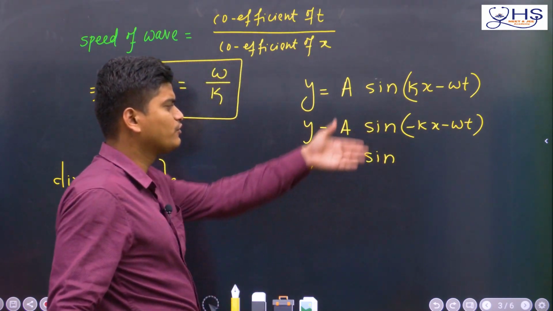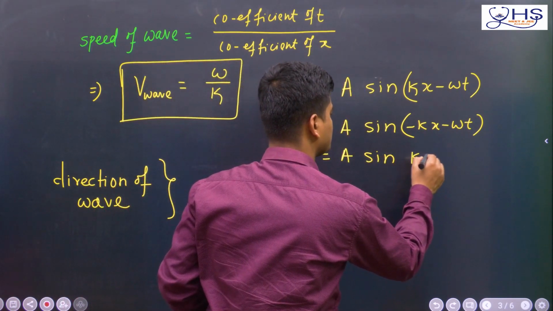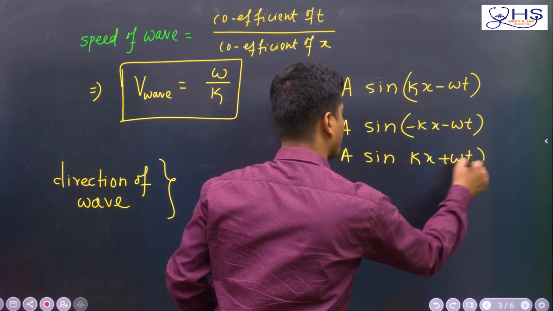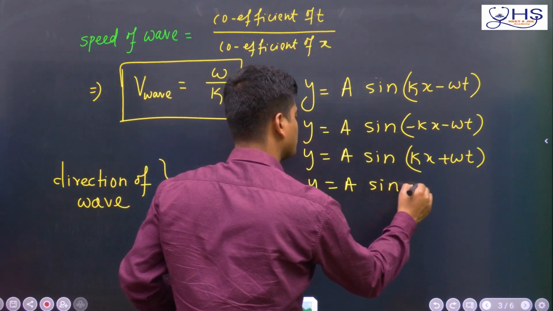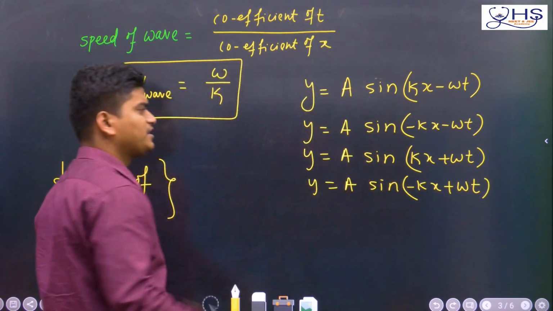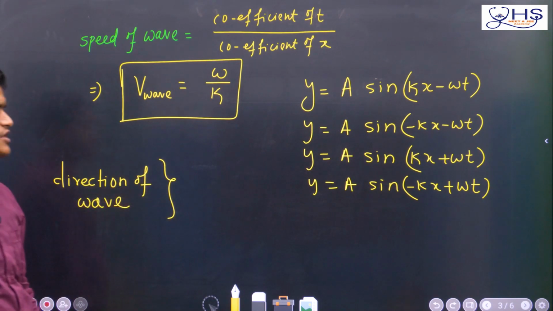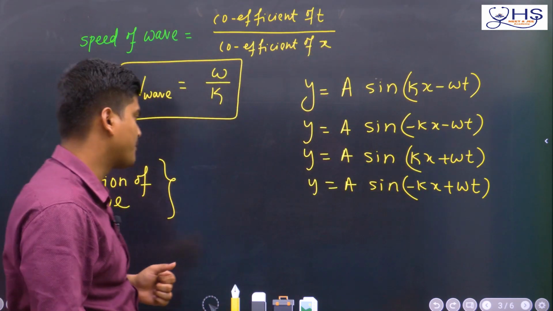Not only sin, you can take the cos function also. So a sinusoidal function will be given. Or it can be kx plus omega t, or sometimes y equal to a sin minus kx plus omega t. So there are many things you can do here. So these are the 4 options I am writing, so that we can understand in which direction the wave is traveling.